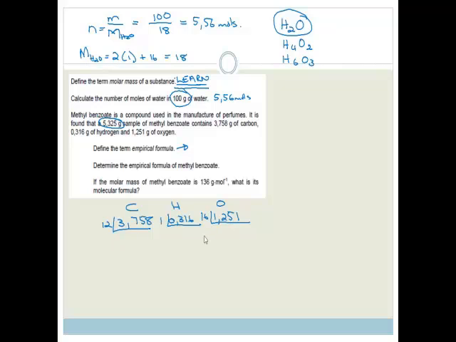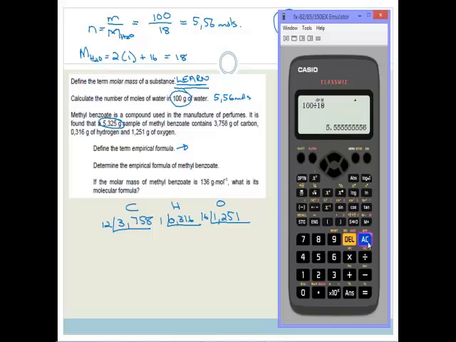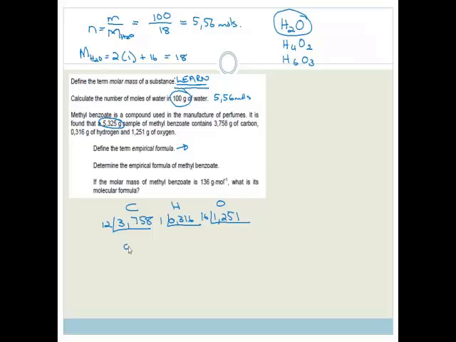So therefore we've got the calculator out. So we go 3.758 divided by 12 equals 0.313. So that is 0.313 moles of carbon. This is going to be 0.316, and I just want to check something.